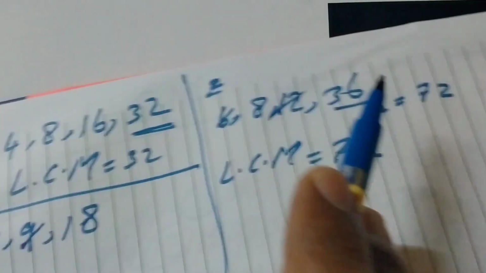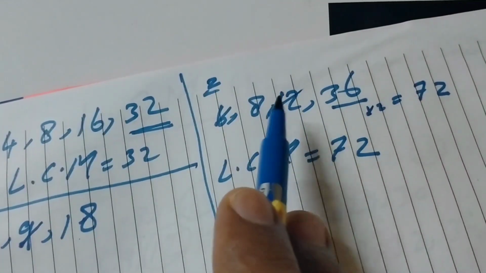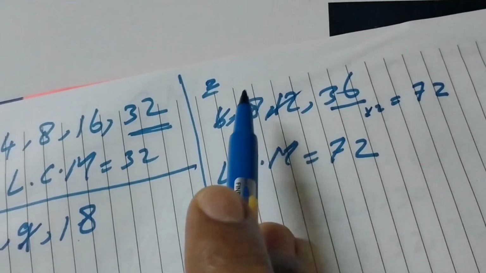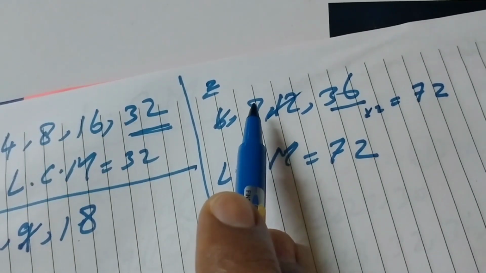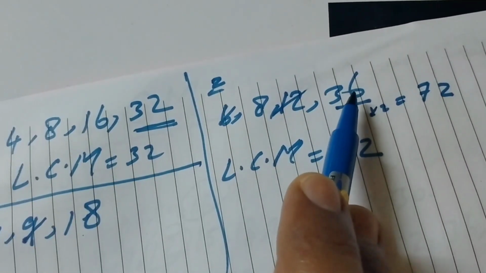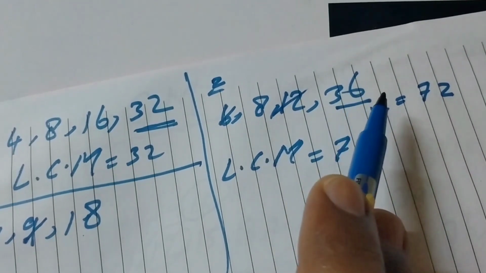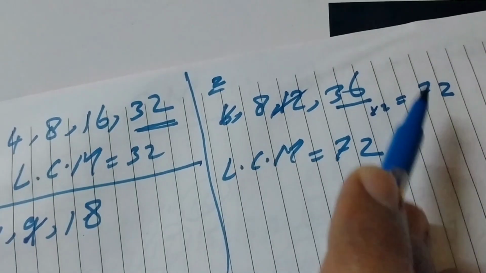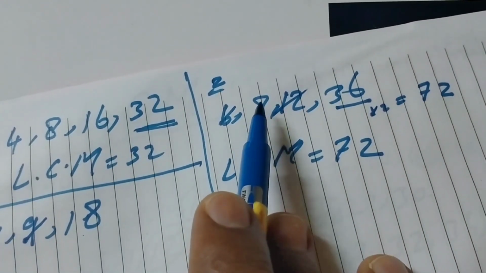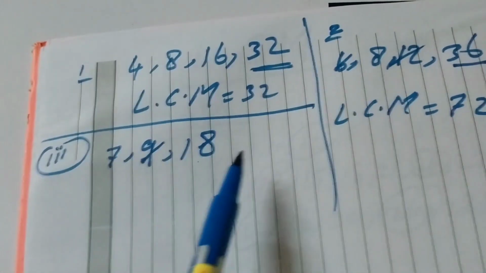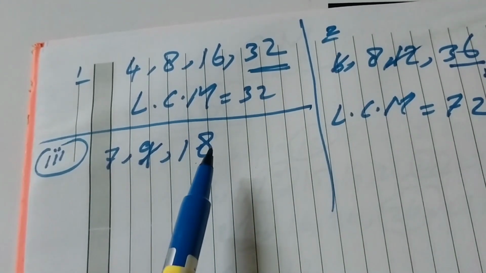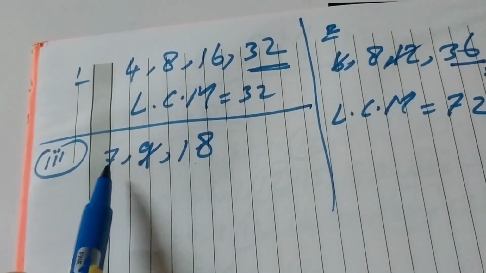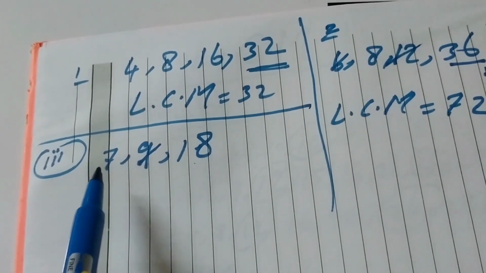I told you in this technique, if the remaining number, here it was 8, we will make 36 or the big number multiplied with other numbers like 2, 3, 4, and the answer should be divisible by the remaining number. Now here it is a little bit different. Look, this number 7, my dear, 7 is a prime number.